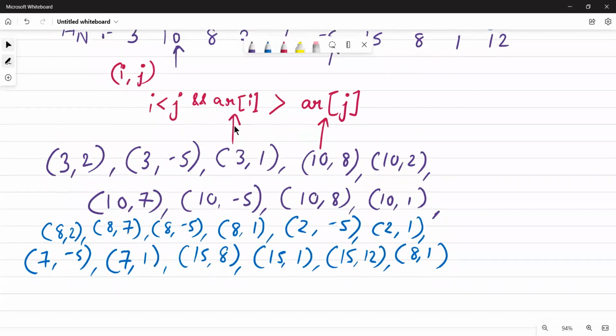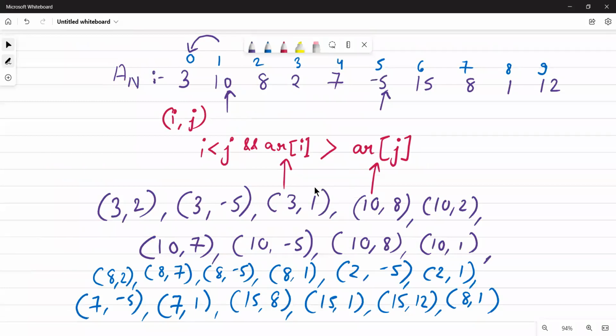That's it. How many total pairs did we find here? Just count it and let me know. 21. 21. Okay.